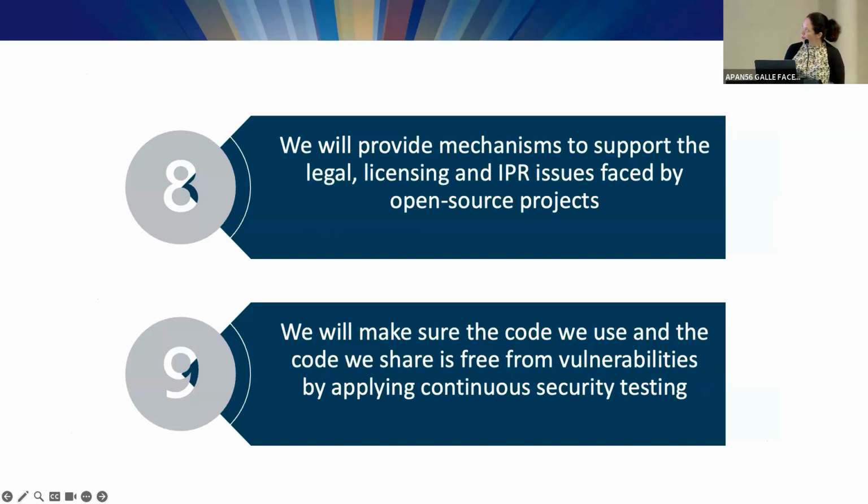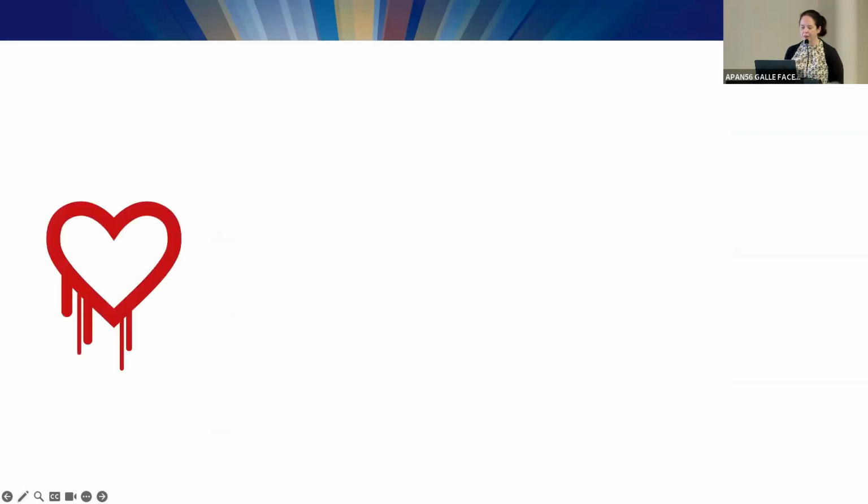Our principle number 8 is we will provide mechanisms to support the legal, licensing and IPR issues faced by open source projects. And number 9, we'll make sure the code we use and the code we share is free from vulnerabilities by applying continuous security testing. Something that's very important, but also very costly in terms of time and money.